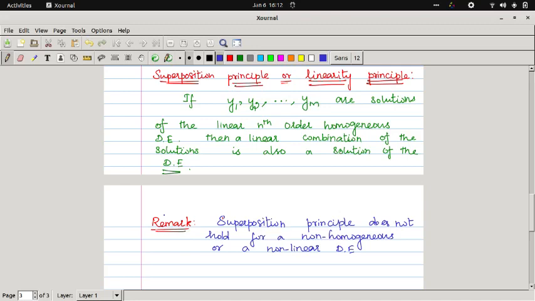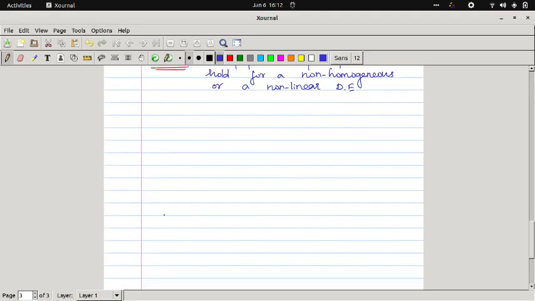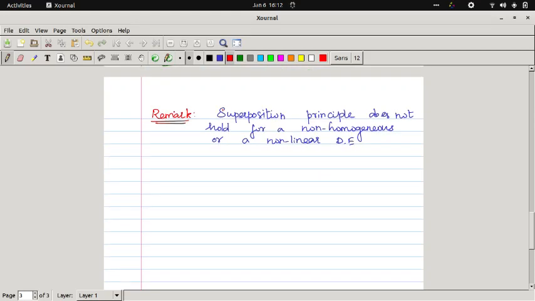Okay. Next is linearly dependent or independent. Sorry, I forgot to show some example. Now suppose we consider one example.